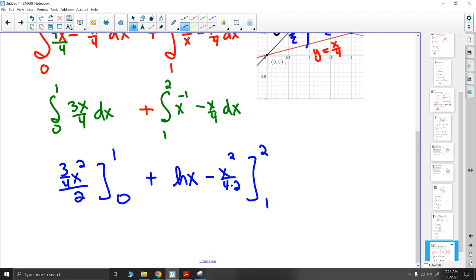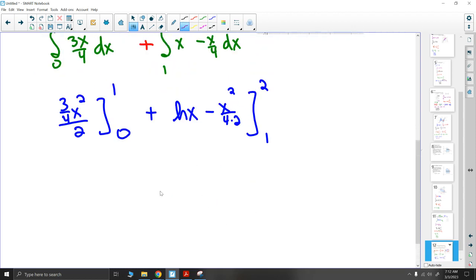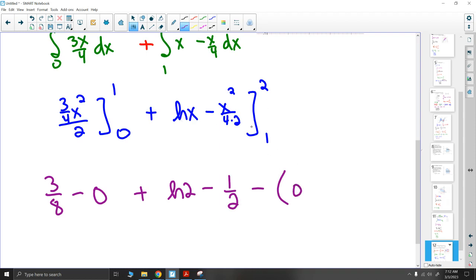Okay, so if we plug 1 in here, we end up with, well, first of all, this would be 3/8 times 1, it's just 3/8 minus 0, plus natural log of 2 minus 2 squared is 4 over 4, that's just going to give us our 1/2 here, minus 1, natural log of 1 is 0, minus 1/8.